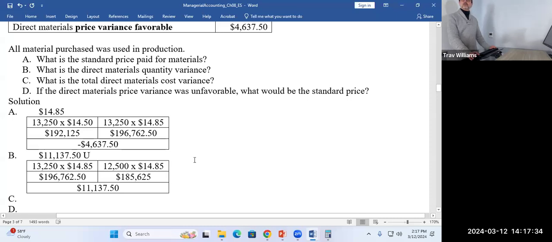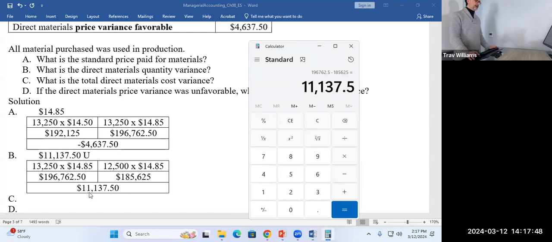All right, any questions on the quantity variance? Okay, well, C asks us for the total direct material cost variance. So again, we can just combine them together, right? I could take that positive number we got, I could subtract the favorable amount.